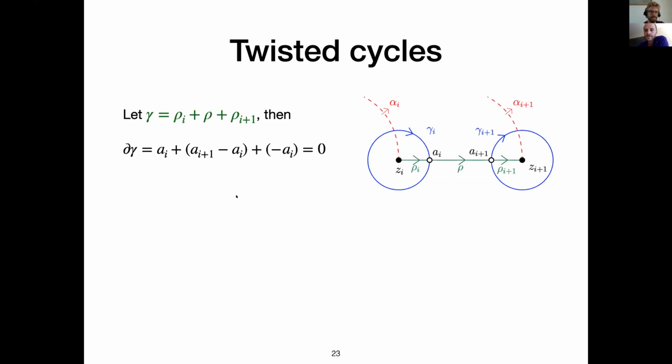The boundary of gamma is easy to compute. It doesn't cross any cut, so there's no monodromy factor involved. It's just the boundary of this first bit, which is plus A I. z I is not in the boundary because it's not in the surface, it's removed from the surface. Then you do it for rho and for this bit, and you find that the boundary is empty. That is a twisted cycle.